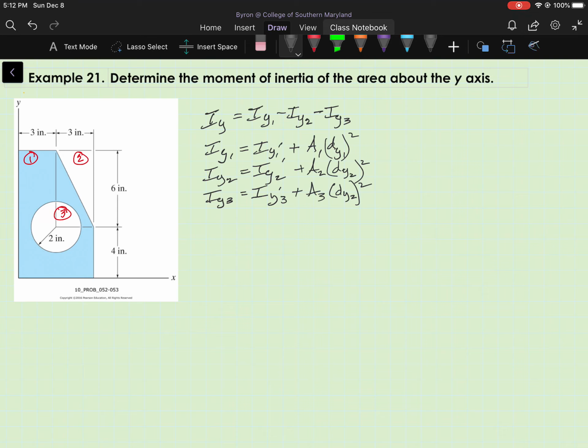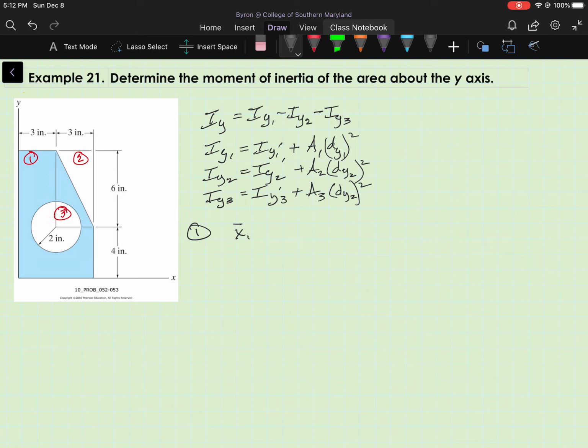Okay, so let's start with the first area. And I'm going to make just a little table for each of these that includes x bar of the area, which I'll subscript with a 1.